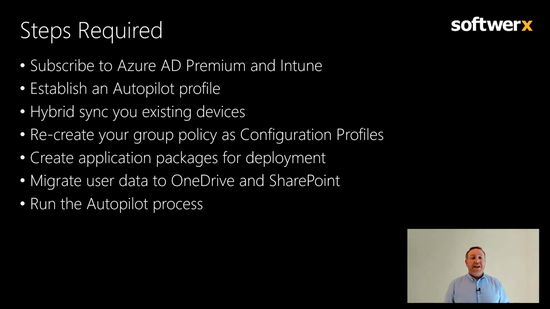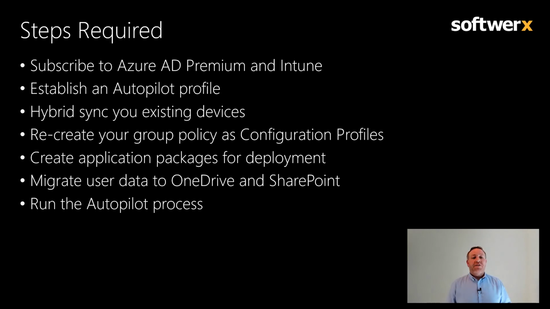You'll need configuration profiles in Intune that are equivalent to what you have in Active Directory group policy. You also need to get all your apps added to Intune and assign them to the users. So when they join the Intune process, they have the apps available to go onto the PC that they need.